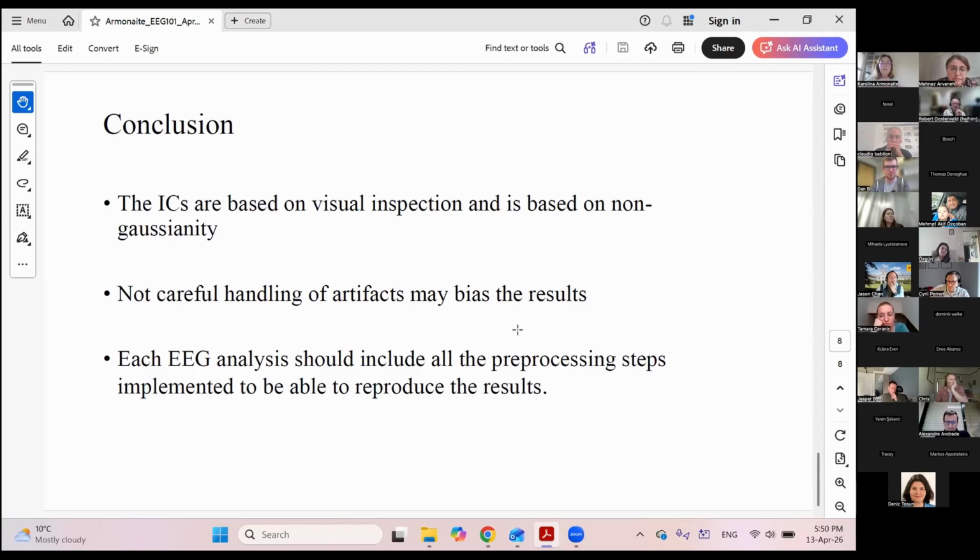And I propose that every EEG analysis should include clear preprocessing steps of signals and artifact handling methods. And that's it for me.